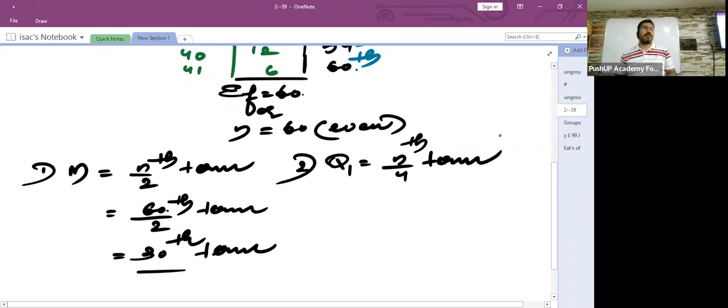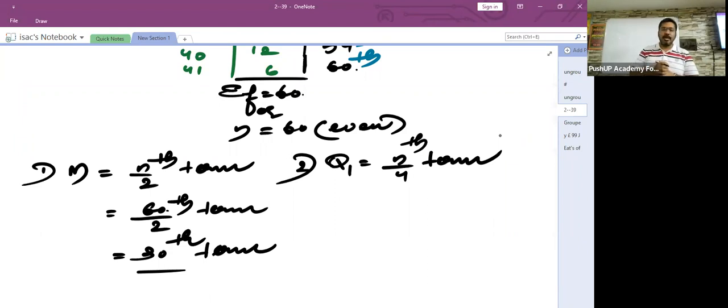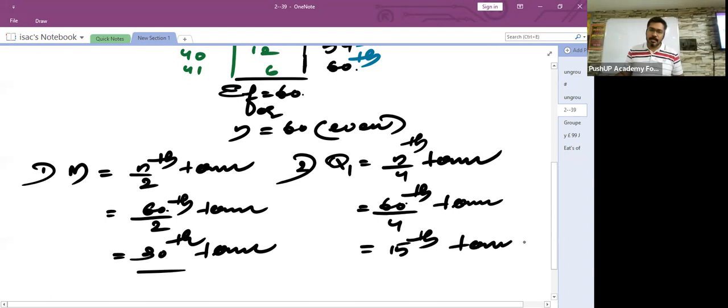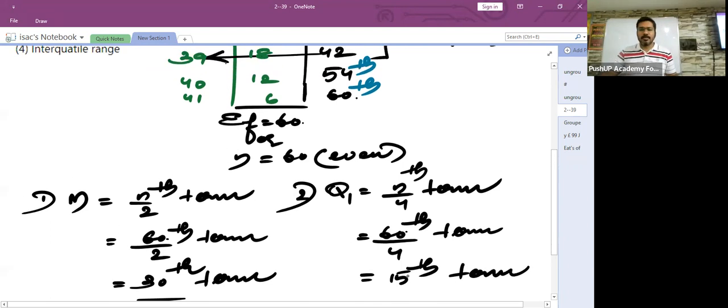N is 60, so 60 divided by 4 is 15th term. Now let us go to the cumulative frequency column.